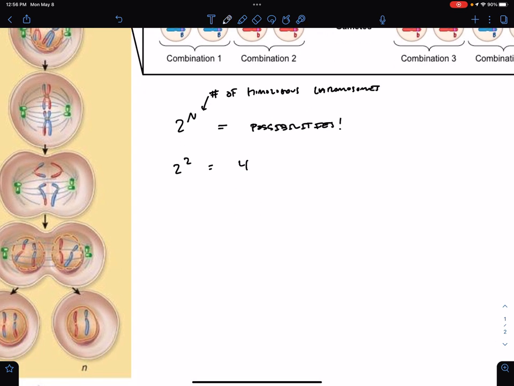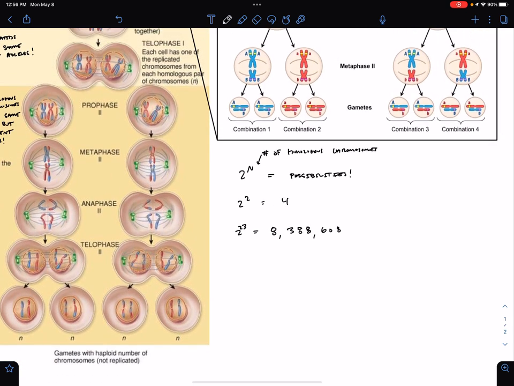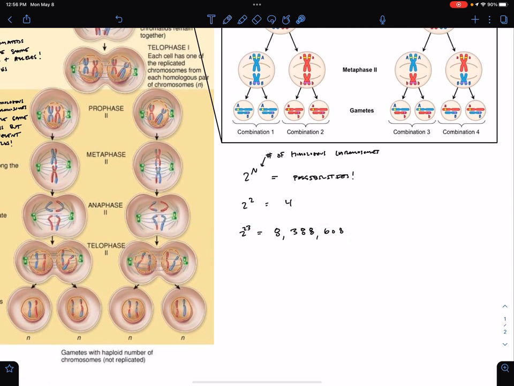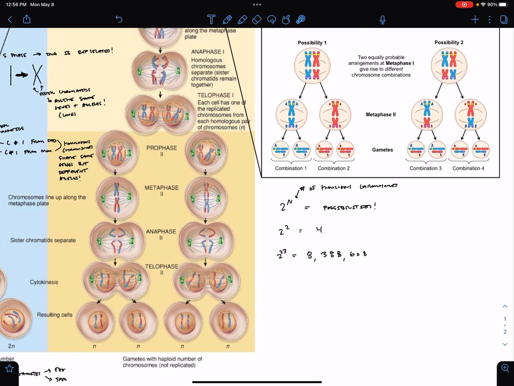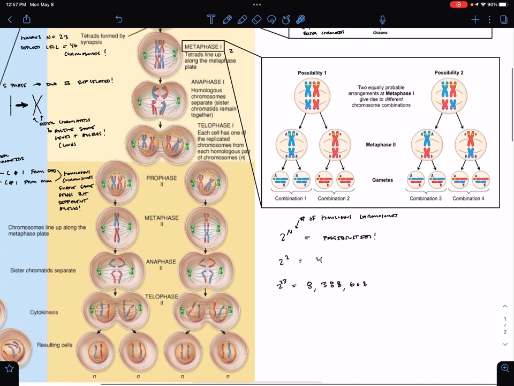If your n is 23, 2 to the 23rd, then you have 8,388,608 different possible combinations. Okay, so just with the way that the chromosomes that you got from your mom and your dad are lining up in metaphase, and then how they're being pulled apart in anaphase, gives you over 8 million different possible gametes, eggs and sperm that you can create.